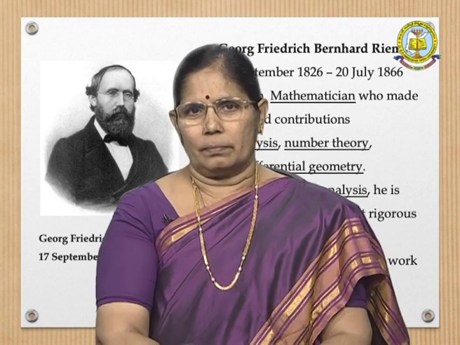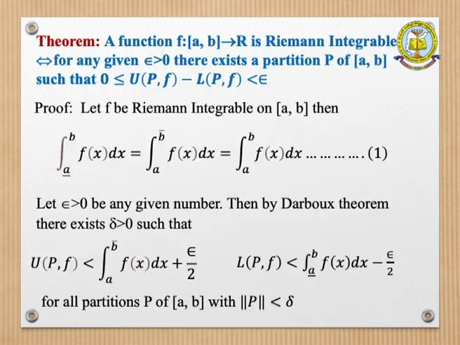So, now the function f from the closed interval a b to R is said to be Riemann integrable if and only if for given epsilon greater than 0 there exists a partition P of a b such that its oscillatory sum UPF minus LPF is less than epsilon.